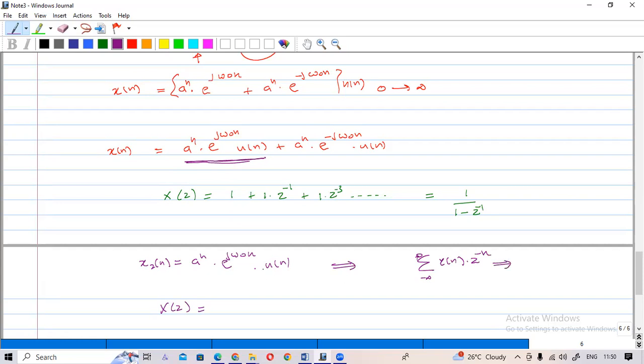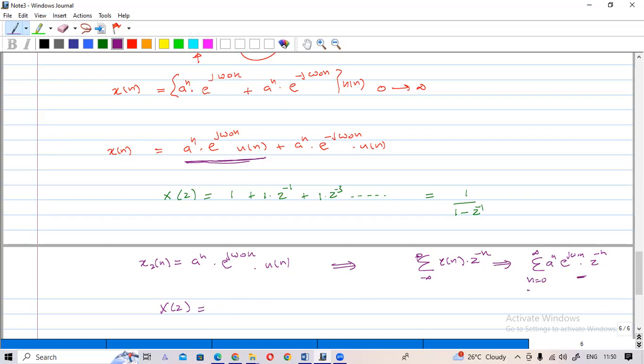Now you can see that u[n] is here. That means this sequence is from 0 to infinity, and this part is there, a^n e^(j omega naught n) z^-n.